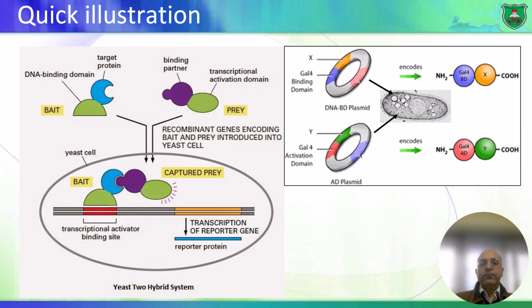Got it? So we have these two possibilities: either X interacts with Y, a blue colony, or X does not interact with Y, a white colony.